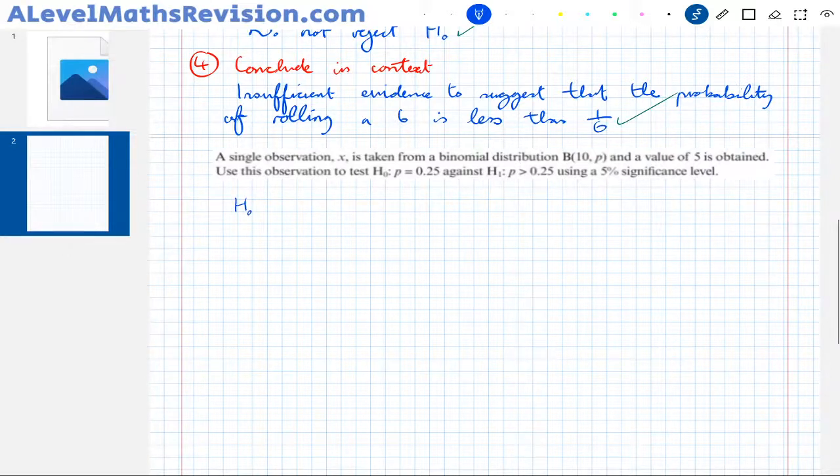So we've got the null hypothesis that the probability of winning was 0.25. And this time we suspect the probability of winning is bigger than 0.25. We're assuming this is true, but we're suspecting that this is true.